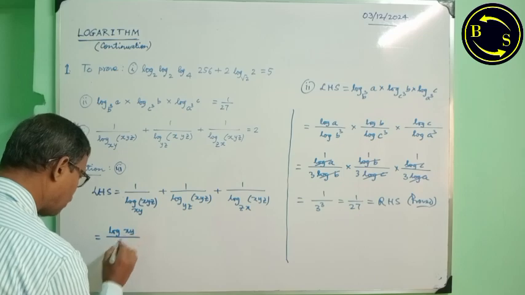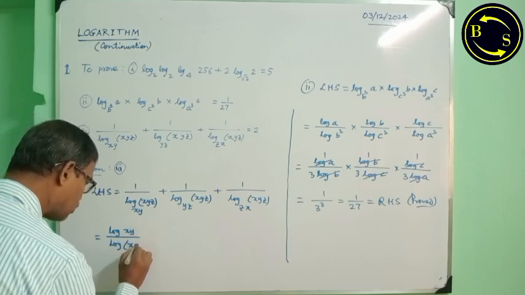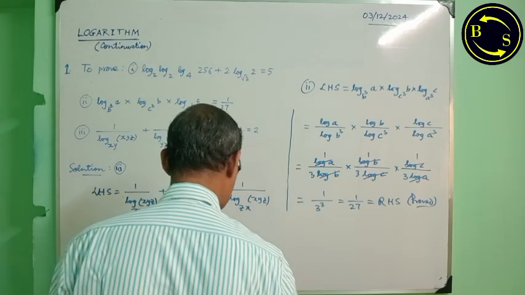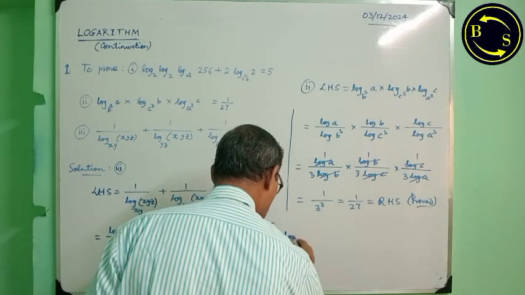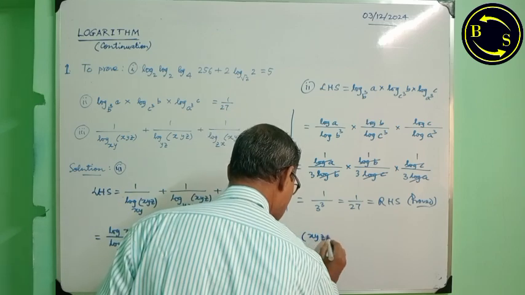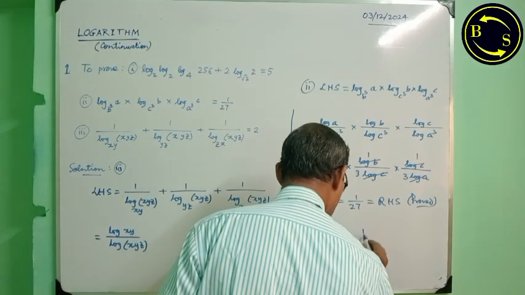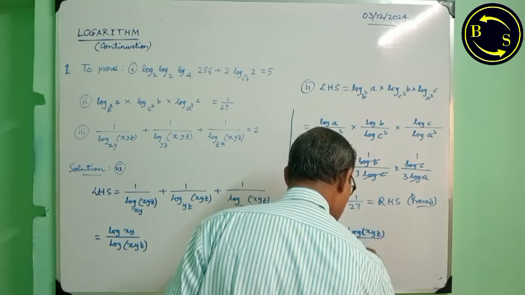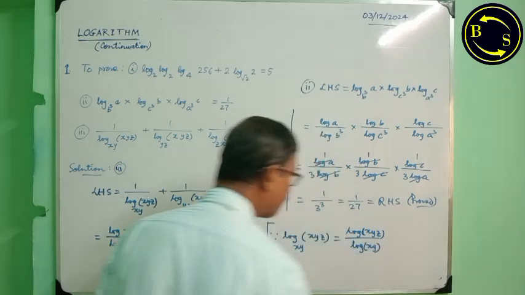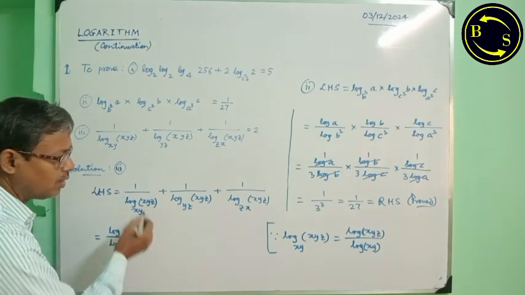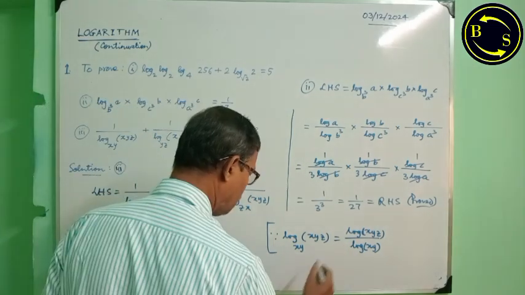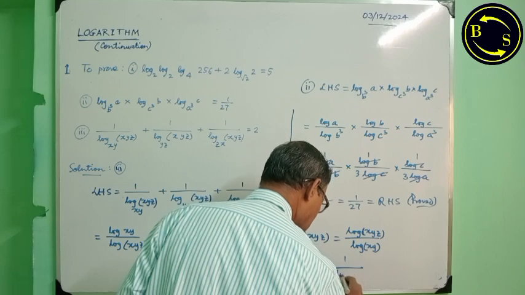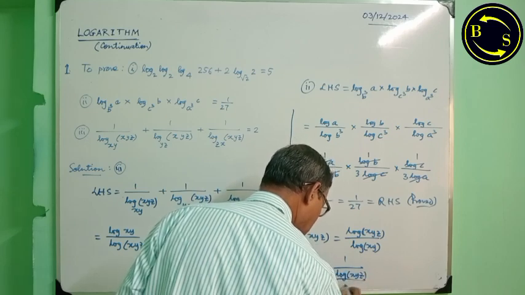That means log of xy, log of xyz. I write here: since log of xyz to the base xy is equal to log of xyz by log of xy, now 1 by this expression, the first term will be 1 by log of xyz by log xy.